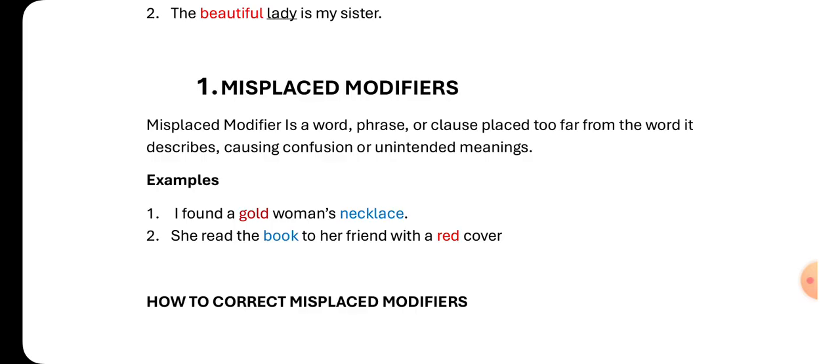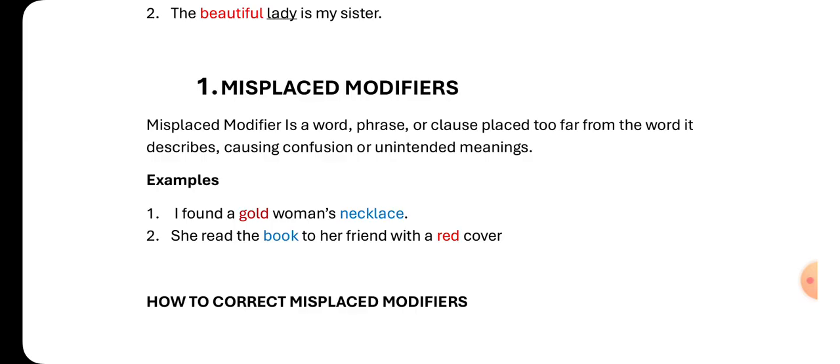It sounds like he found a woman who is a gold necklace. There's nothing like a gold woman. There's nothing like a good woman's gold. When you see this, you don't have to be perturbed at all. What you need to do is correct it, and I'll teach you the ways that you can correct these errors.